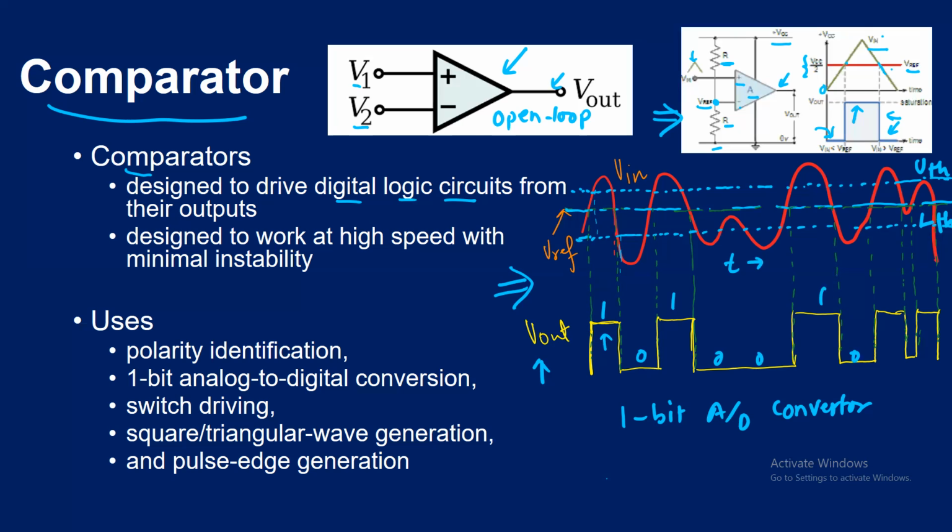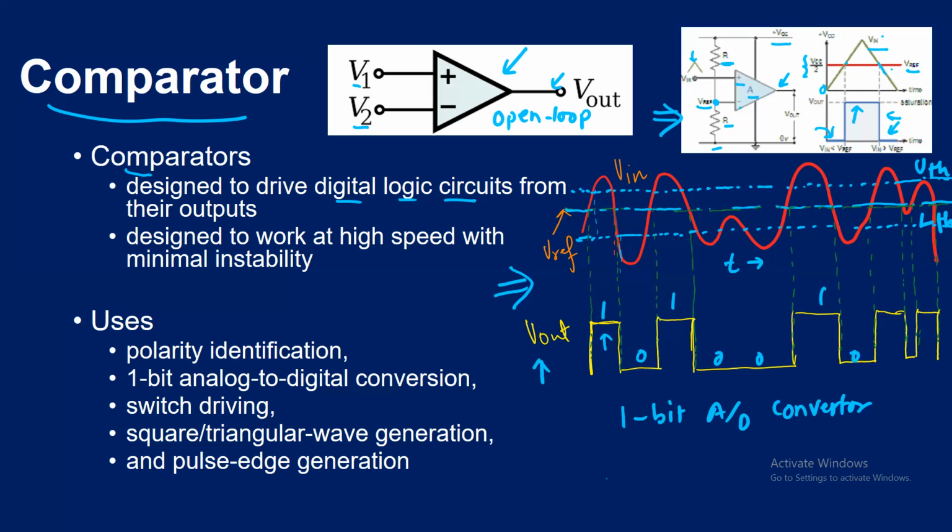This is the case when you turn an amplifier into a comparator circuit. You can use any high gain amplifier as a comparator when you use that amplifier in open loop. You don't use any feedback, and your amplifier will work as a simple comparator circuit.